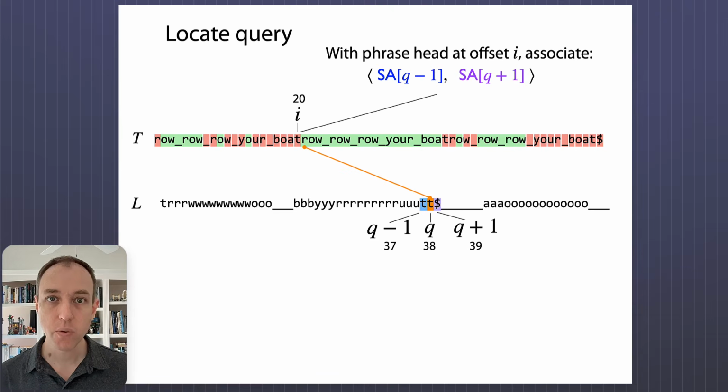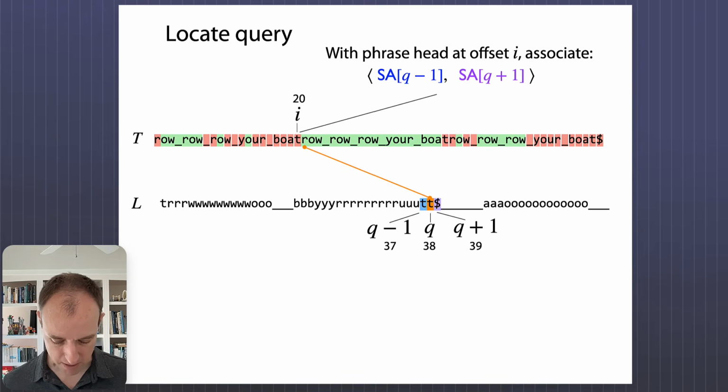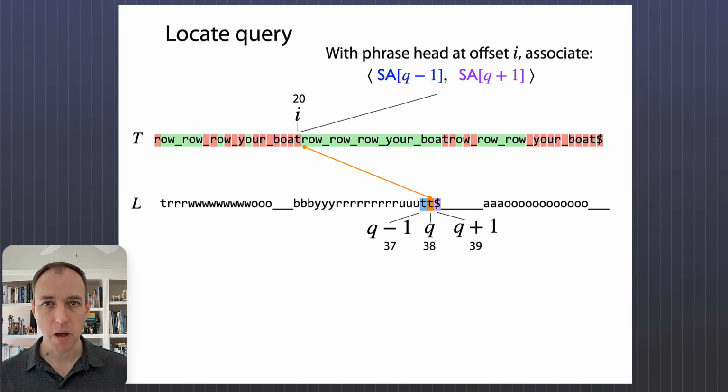So what we want to do is, with this phrase head, again we're talking about T phrases here. If you remember, the phrase I'm talking about is this phrase, right? With the phrase head, we want to associate two suffix array values: the ones corresponding to the letters of the BWT that are on either side of the one that is our toe hold pivot.